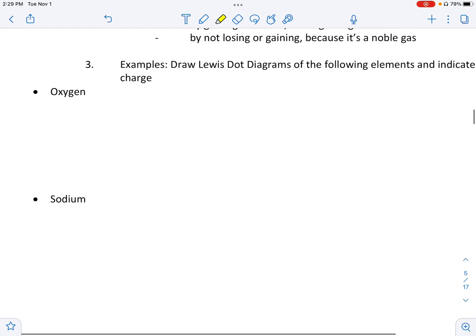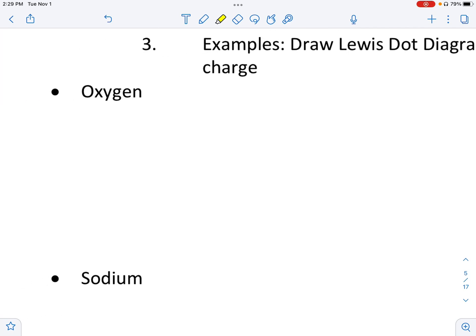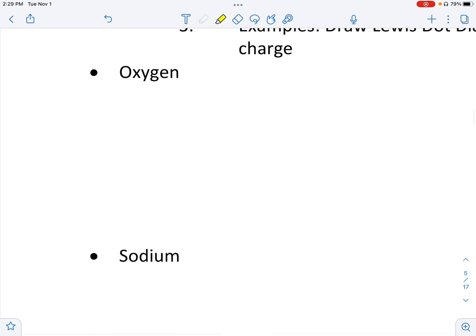Our first one is we are supposed to draw the Lewis dot and figure out what charge we have. So let's look at oxygen. So using the Bohr model, if we do oxygen, we've got 16, 8, O. So we have 8 protons, 8 electrons, and 8 neutrons. So in the middle we've got 8 protons, 8 neutrons, our circle.